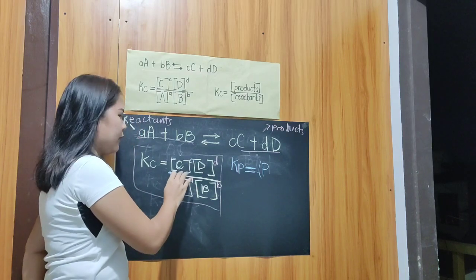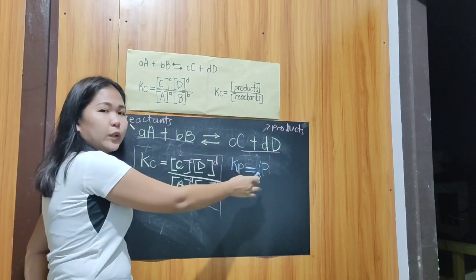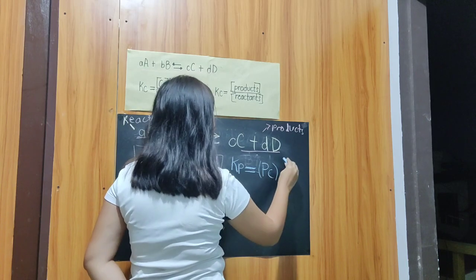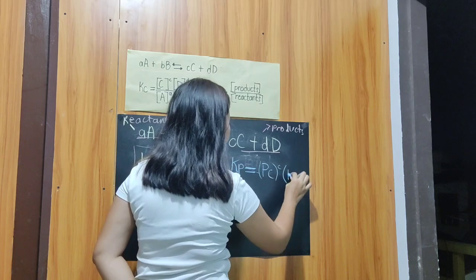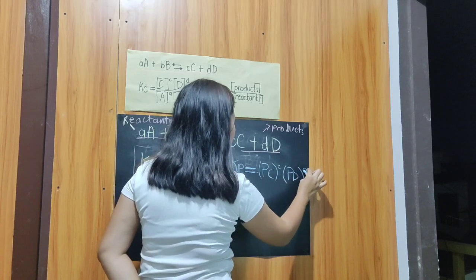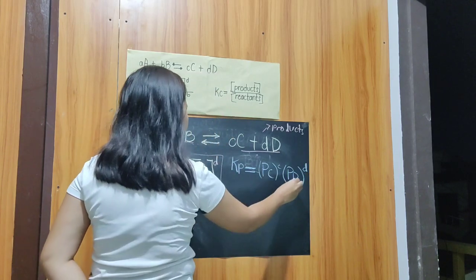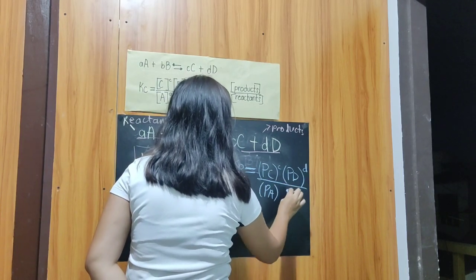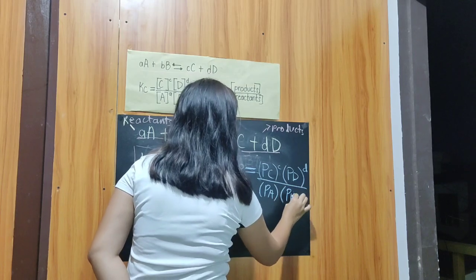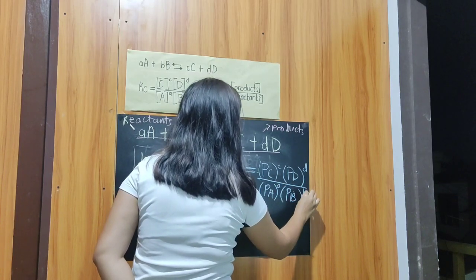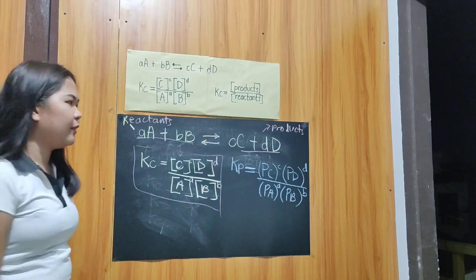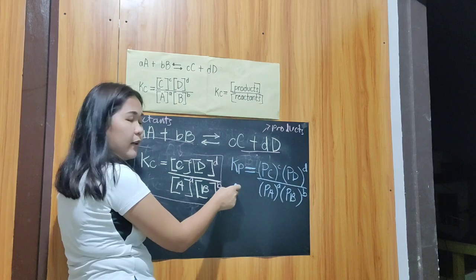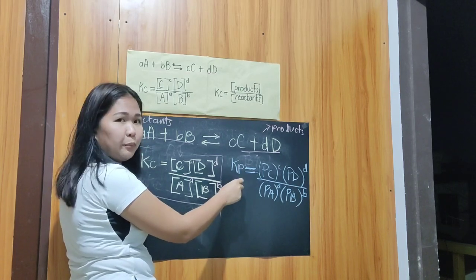Same lang sila. So, P of C, P of D over P of A, P of B. So this is our equilibrium constant, and this is equilibrium partial pressure.